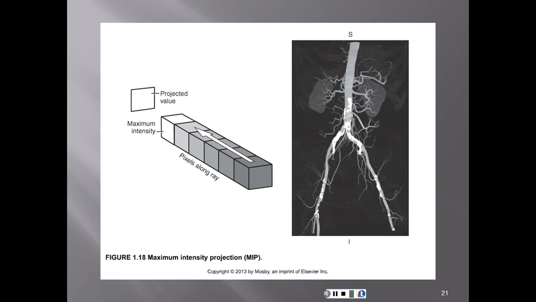So that's all maximum intensity projection is. You're looking down a ray and you're going to depict the brightest pixel, and the rest of the pixels you're going to disregard. That is the introduction to sectional anatomy.